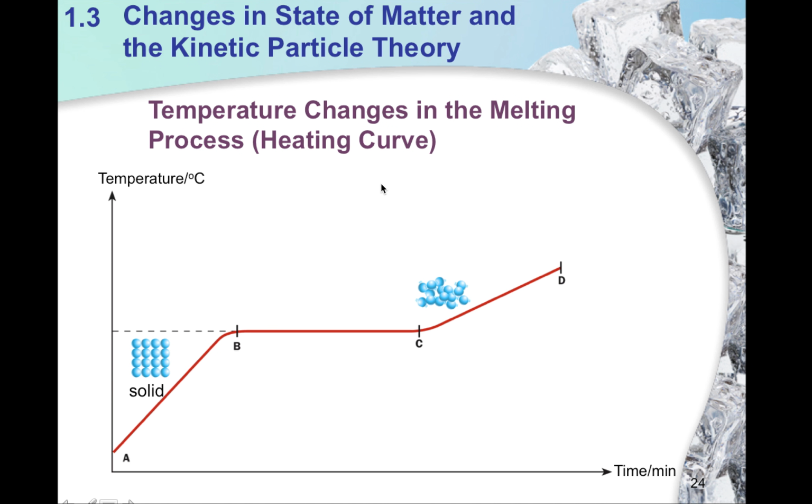Okay, so if we look at the solid state, from A to B, the particles are in the solid state. Do take note that over time the temperature is still increasing. Now a solid doesn't become liquid immediately. Instead, it takes time for the solid particles to gain sufficient kinetic energy in order to overcome the forces of attraction.